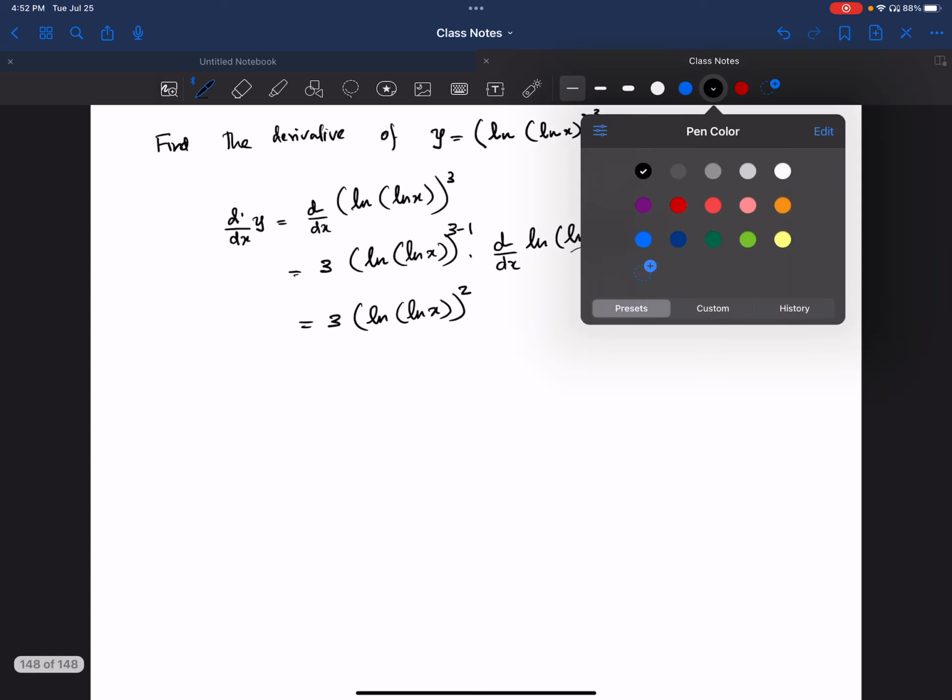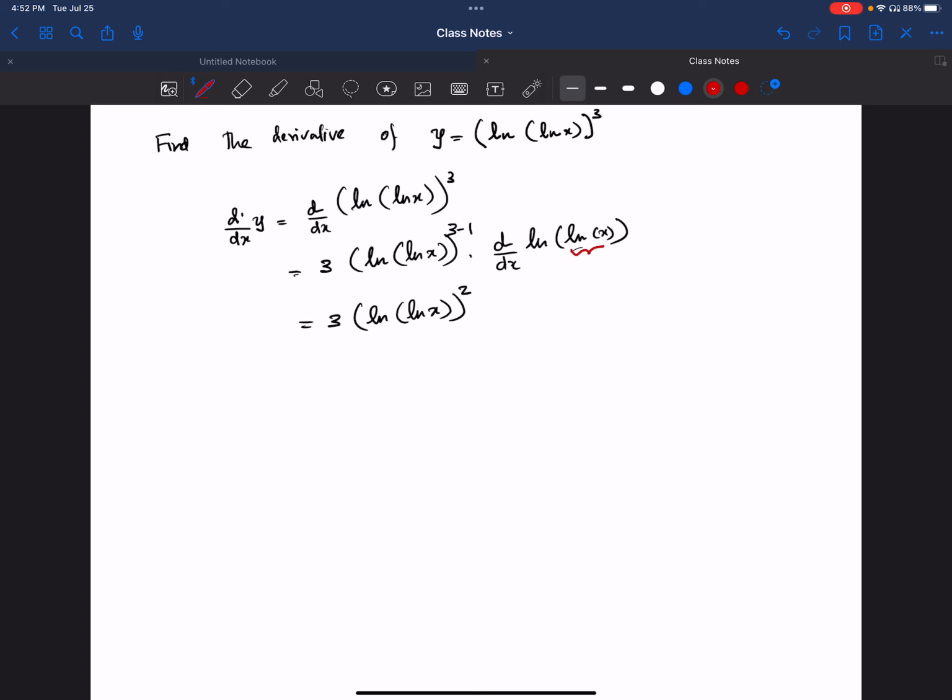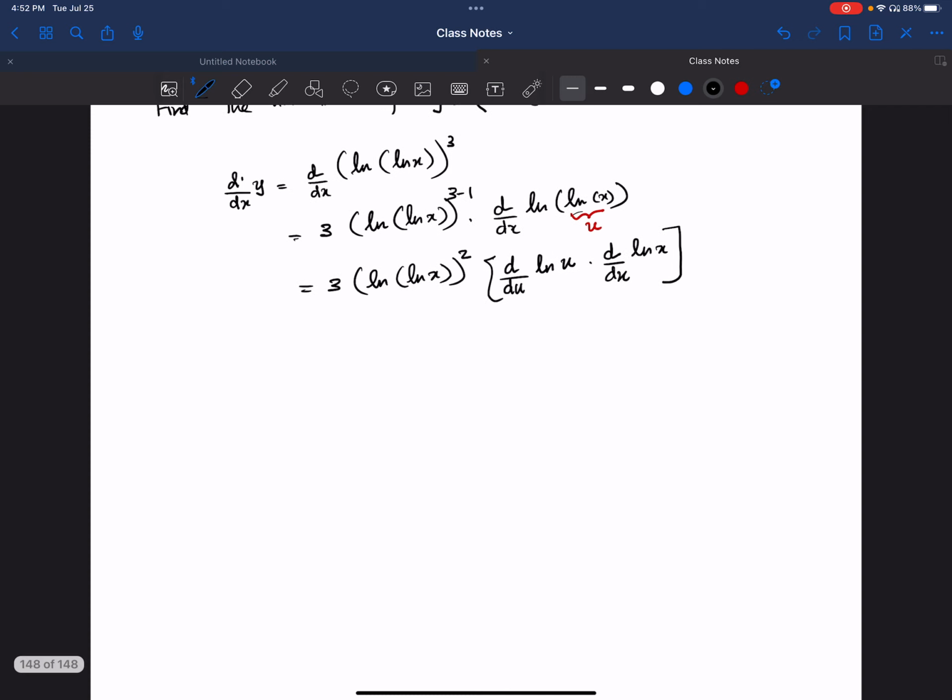So let's use the chain rule because this is u. And then you can write this as d over du natural log of u times d over dx u. U here is equal to natural log of x. So this is 3 times natural log of x cube.